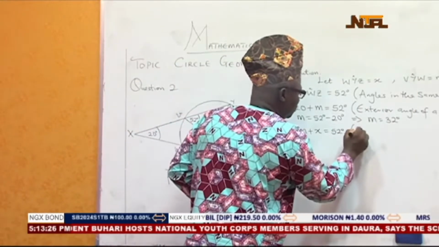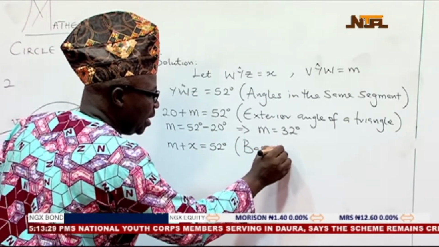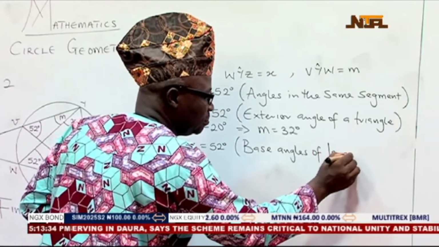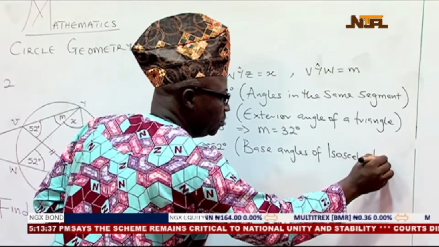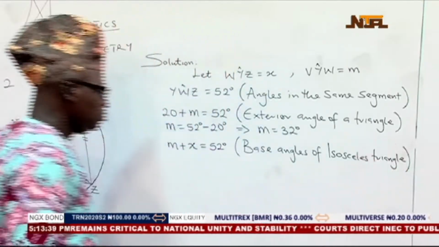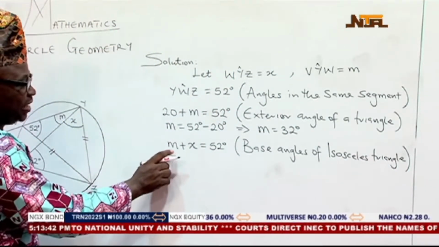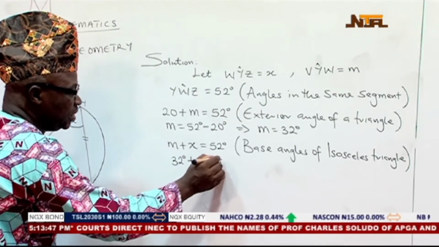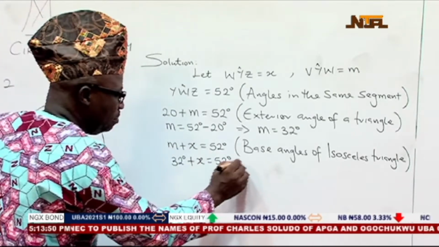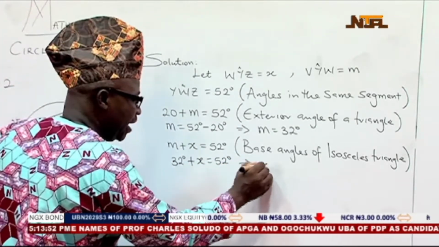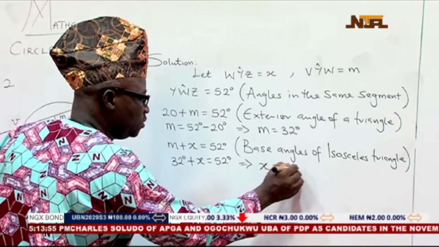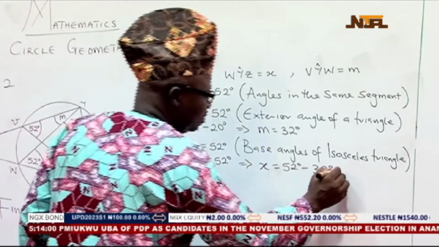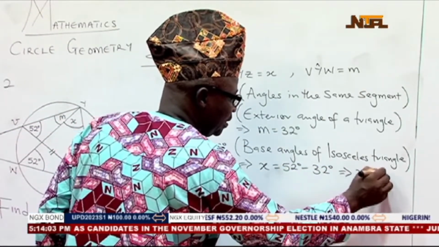So I'll write base angles of isosceles triangle. So from here, we know that M is 32. So 32 degrees plus X is 52 degrees. Making X the subject, X is going to be 52 degrees minus 32 degrees. And that implies that X is 20 degrees.